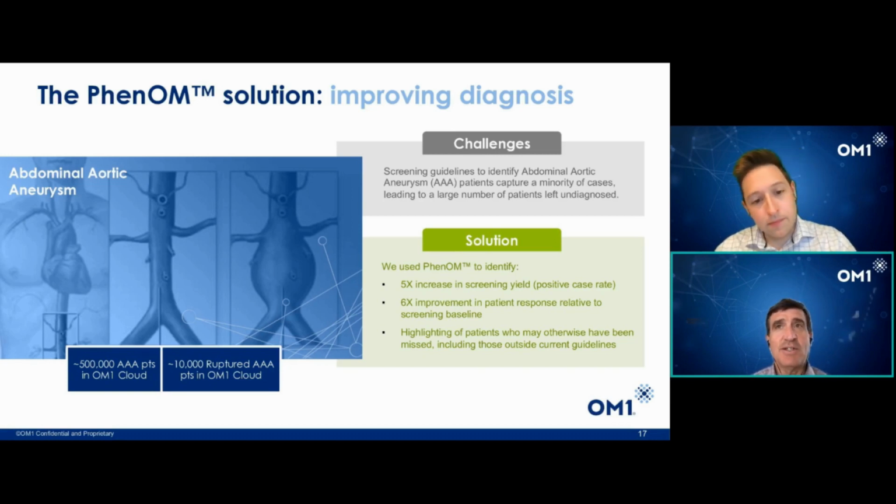But if you can start to move that needle and say, okay, Gary, your risk isn't 1 in 100, it's actually 5 in 100 or 10 in 100, and explain pretty quickly how risky it is to have a AAA, how easy it is to screen, how basically risk-free it is, I think it will make a huge difference in helping the providers decide which things they want to push their patients towards. Great. All right.